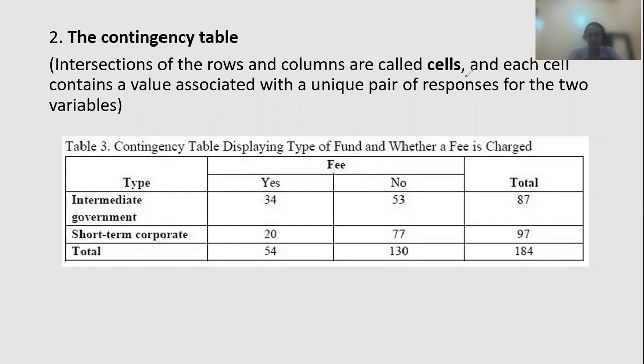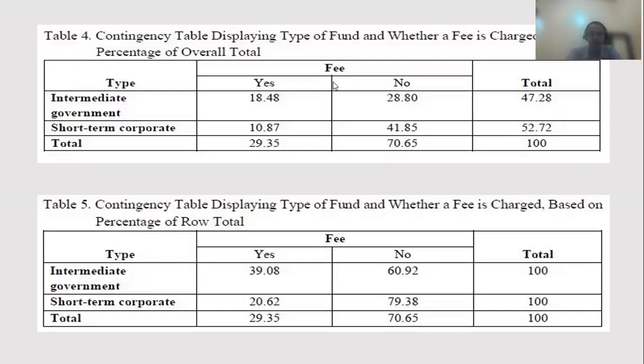So let's continue. The contingency table displaying type of fund based on percentage of overall total is this. So what does it mean by based on percentage of overall total?